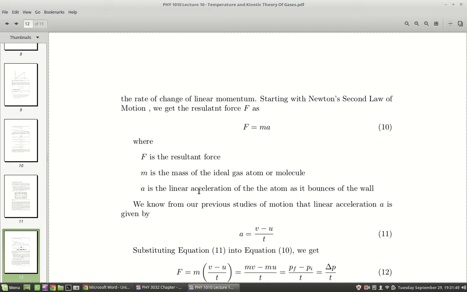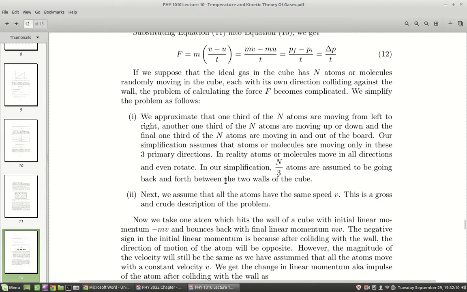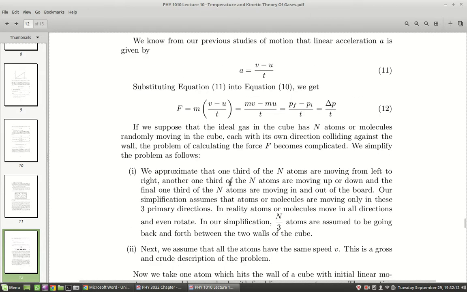If they are moving with the same speed, now we look at the case of one atom. If an atom is moving and it hits the wall, it's going to bounce. We have said that these atoms are moving with the same speed, so the size of the velocity of these atoms is the same. However, the atom has changed direction.